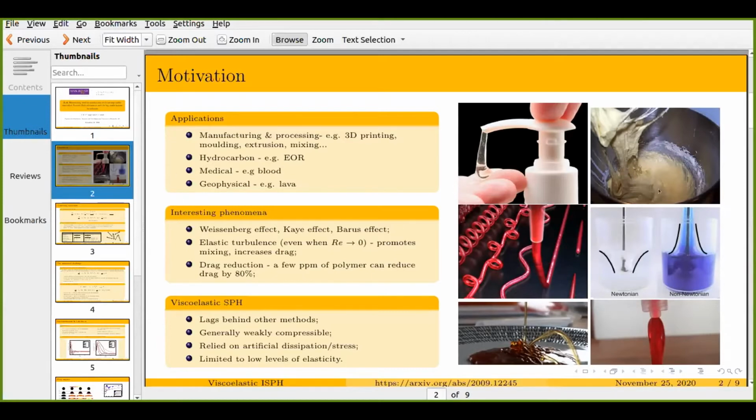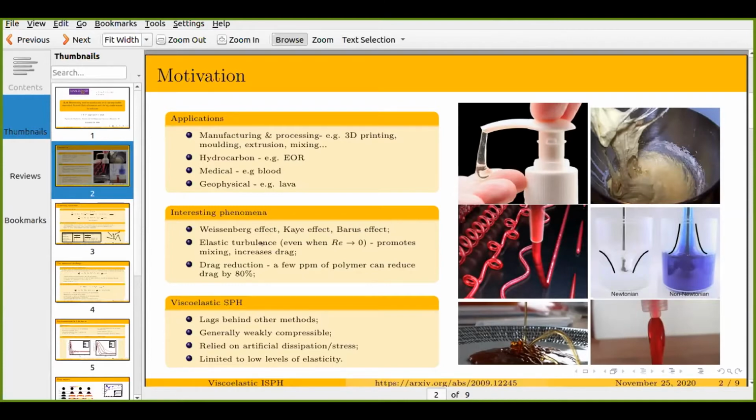So I've just got some illustrations of some of the effects that you get. They behave very differently to Newtonian fluids. If you spin a rod in a Newtonian fluid, you get a sort of trough around the vortex, whereas in a viscoelastic fluid, the fluid climbs the rod. You have things like the Kaye effect, where a jet of shampoo can bounce, and the Barus effect, where you extrude some viscoelastic liquid and it expands as it leaves the nozzle.